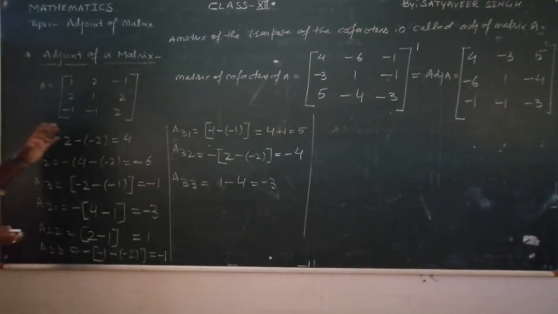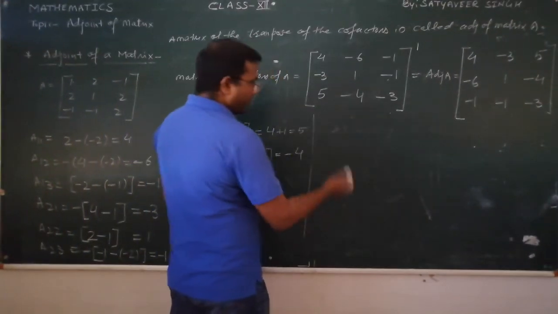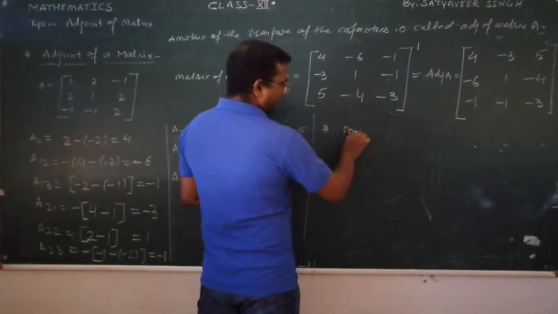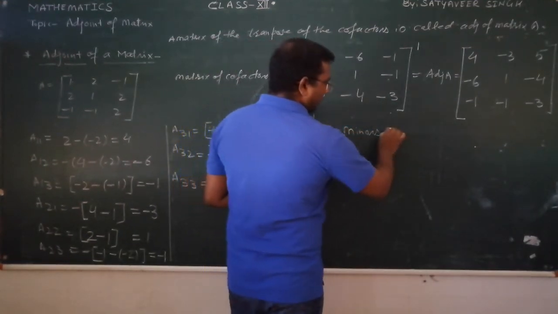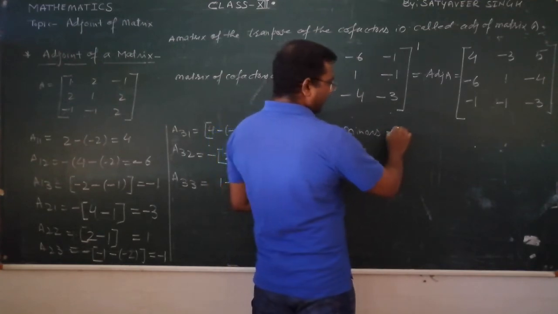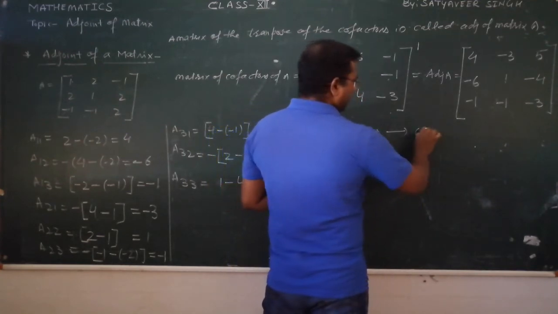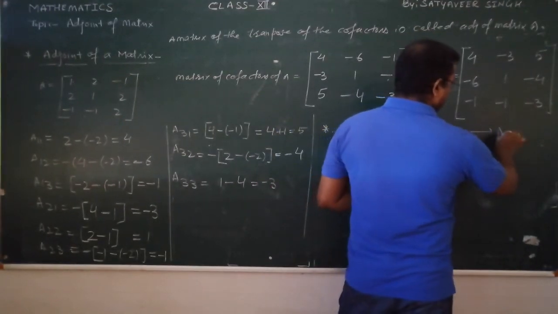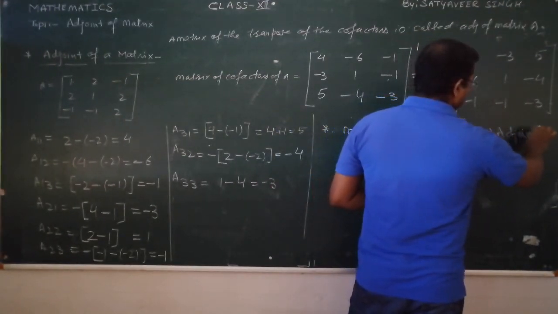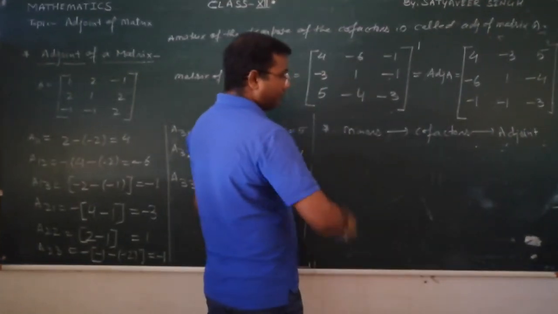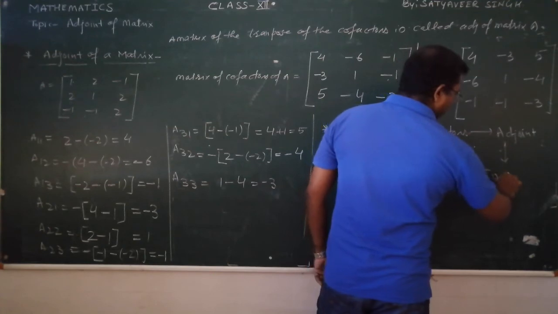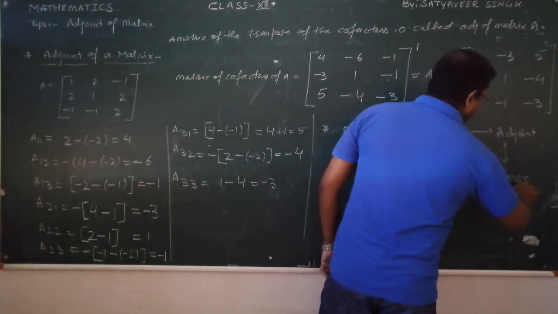So adjoint, why we are finding? Because, see, before that I want to tell you, we have learned in a chain. First, I told you what is the minor, then we have learned cofactors, then we have learned adjoint, and from adjoint I discuss with you what is called inverse.